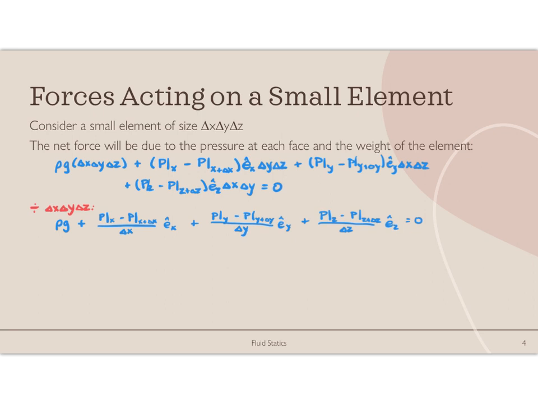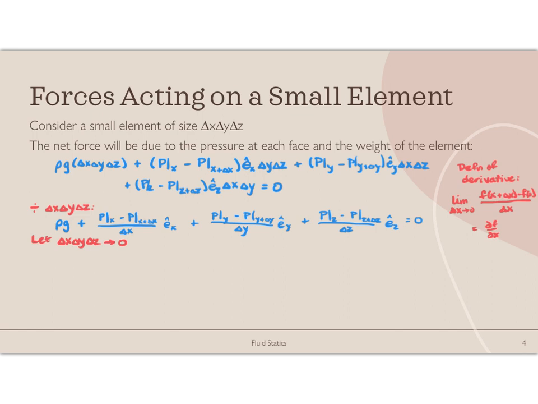Now, if I let the volume approach 0, let it shrink down to nothing, I recognize that these are almost the definition of the derivative, but the signs are switched, right? f of x plus delta x minus f of x, over delta x, is the definition of a derivative. So I have a whole bunch of these derivatives, but the signs are negative.